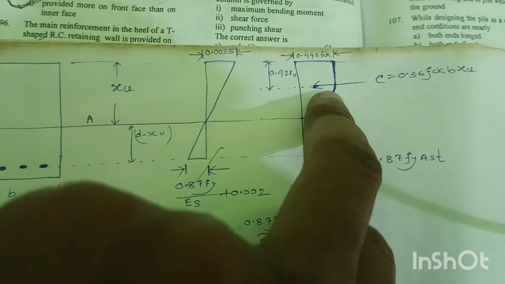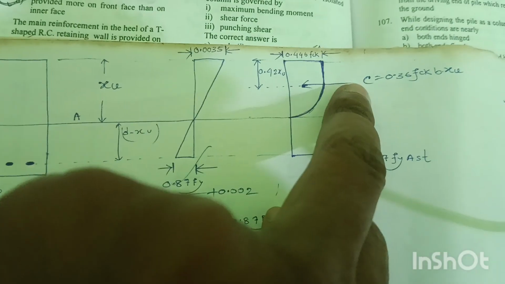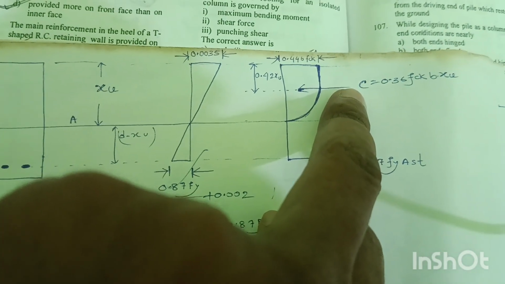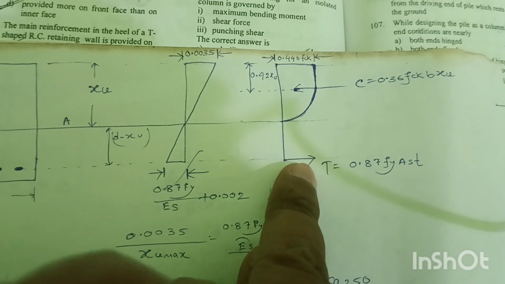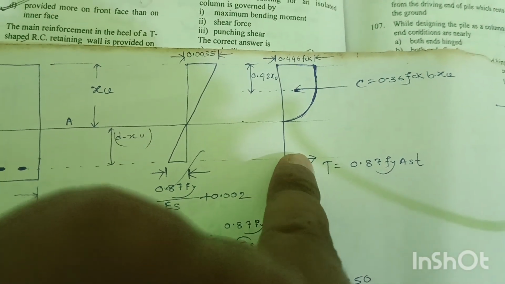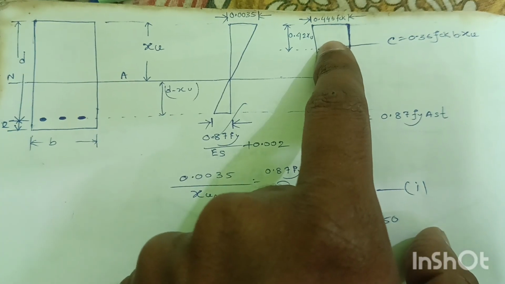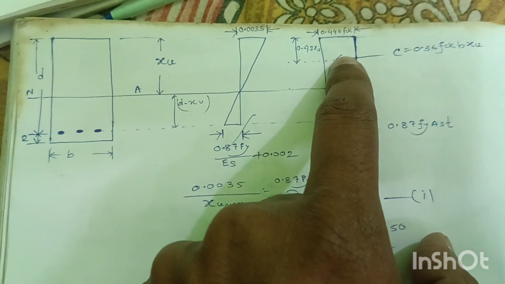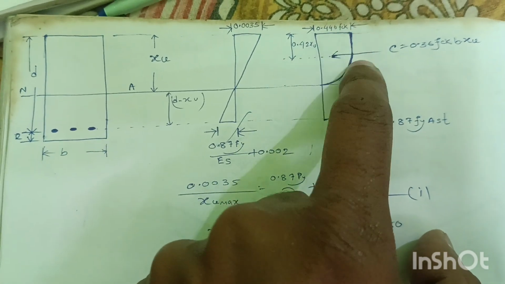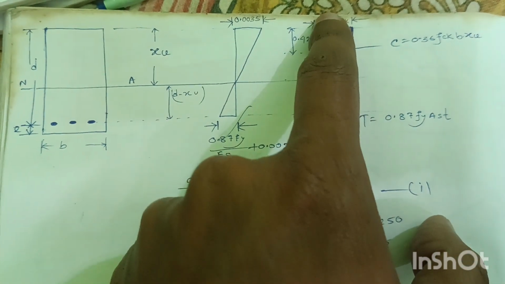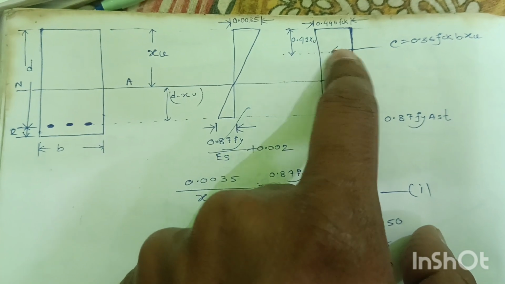So the compression force will be 0.36 fck b xu, where fck is the characteristic compressive strength of concrete. Suppose this is the centroid, where the compressive force acts. So the distance of this compressive force from the top extreme fiber will be 0.42 xu.